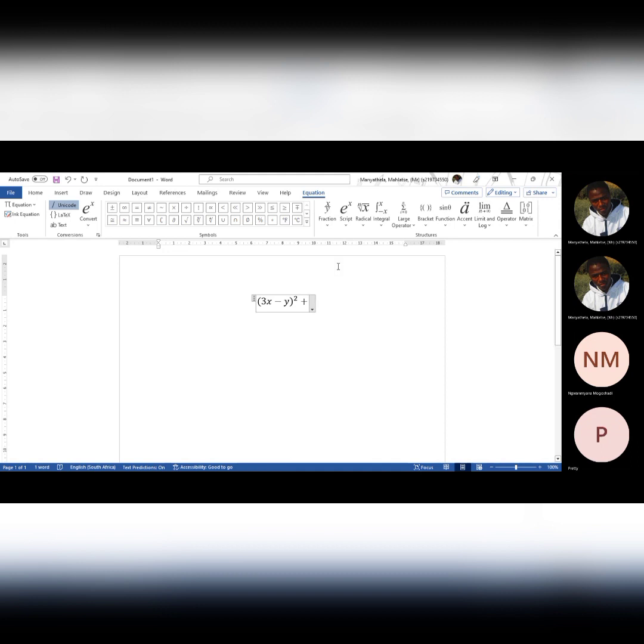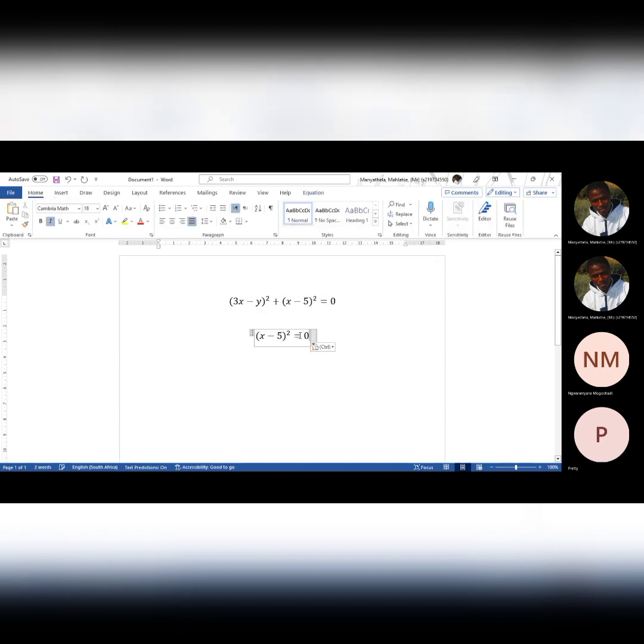Just take this thing as it is, not to solve x. When you solve x, I get this part only. Control C, Control V.